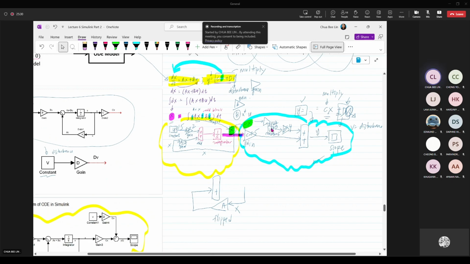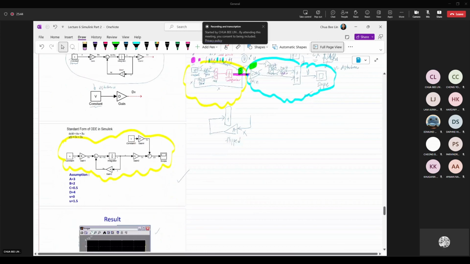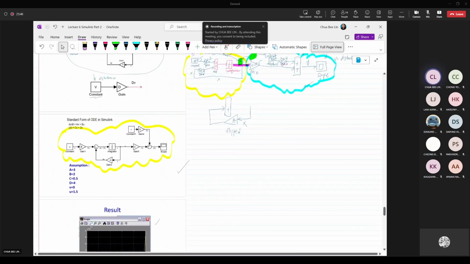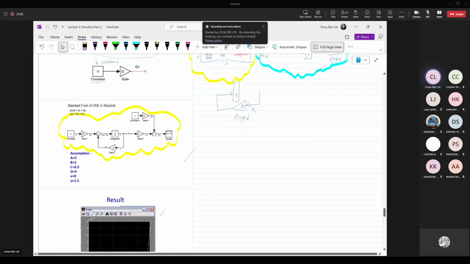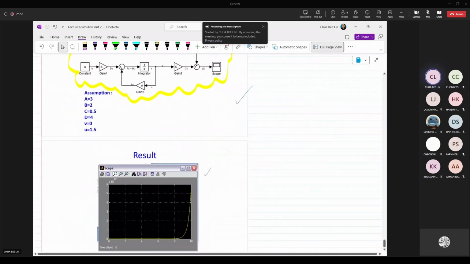You have to see the V is the input. So the D will become the multiplier, meaning the gain block. So you have to name this block as the gain. Okay, so you are expected to sketch this during your test and also the final exam. Okay, then this one done.